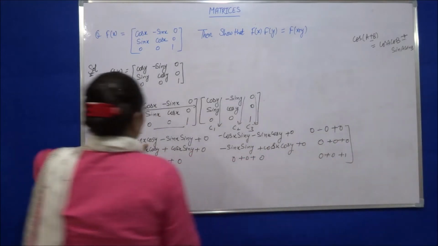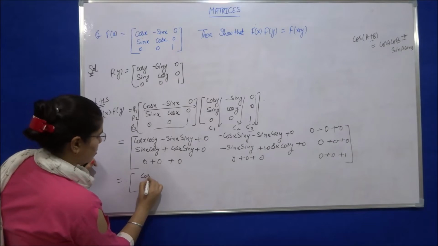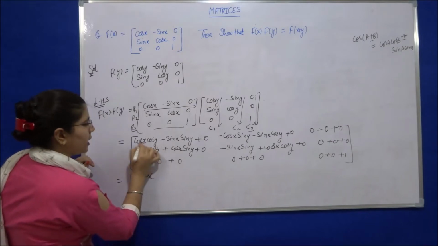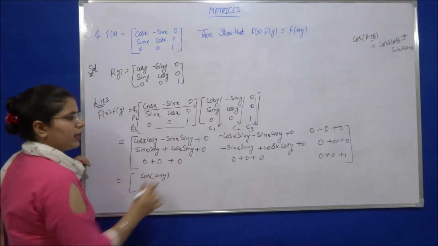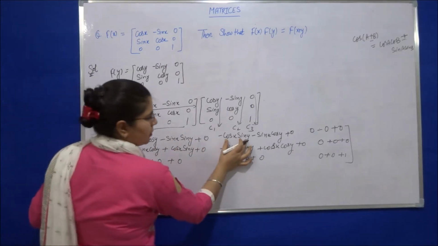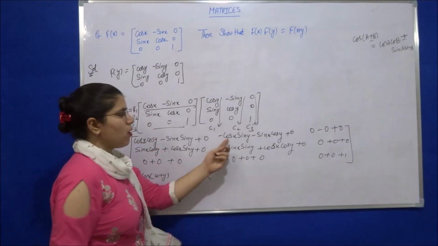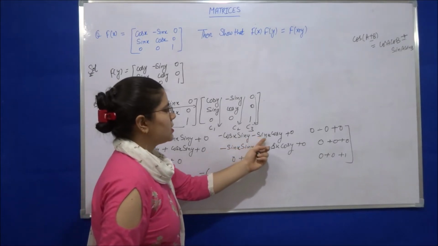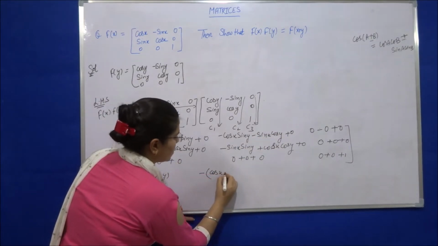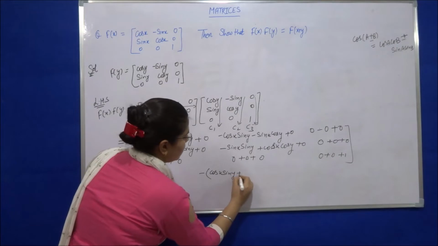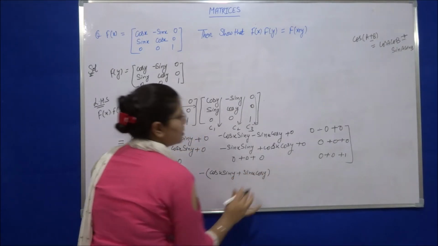So let's put the formula. It will be cos of A plus B, where A is x and B is y. So we will write cos of x plus y, and similarly we will take the negative sign common. It will be cos A sin B plus sin A cos B, so cos x sin y plus sin x cos y, plus 0.